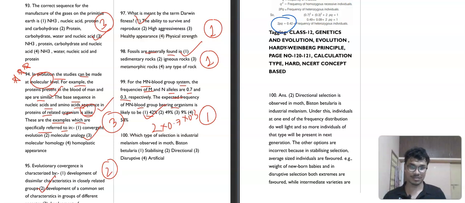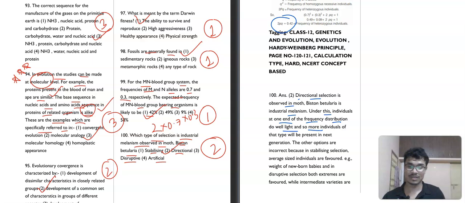Okay, let's discuss the last question. Which type of selection is industrial melanism observed in the moth Biston betularia? Stabilizing, directional, disruptive or artificial? It is directional selection. Second option is the correct answer, because directional selection is observed in the moth Biston betularia as industrial melanism. Under this, individuals at one end of the frequency distribution do well.